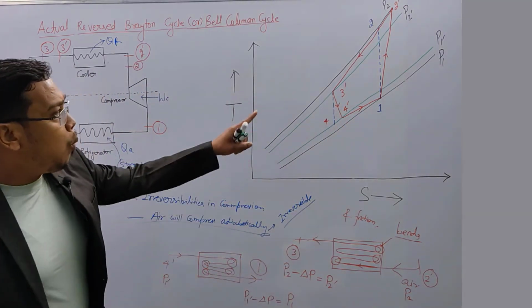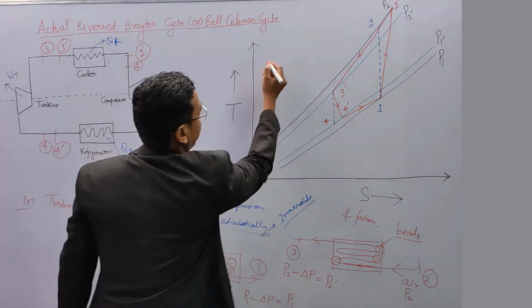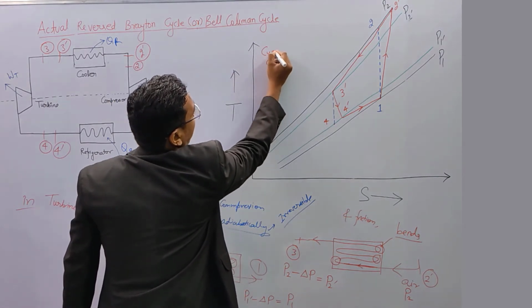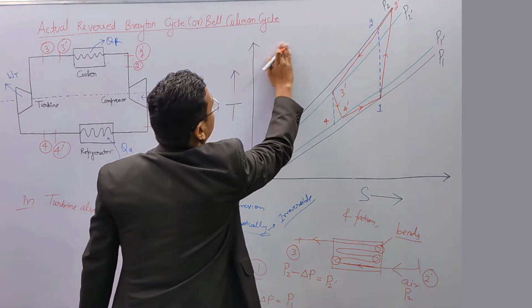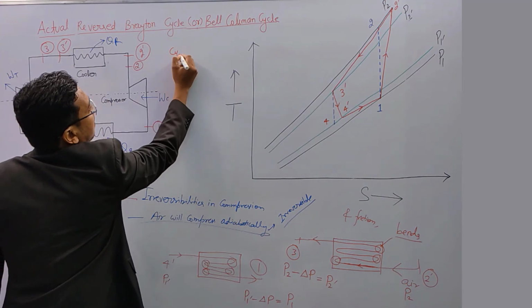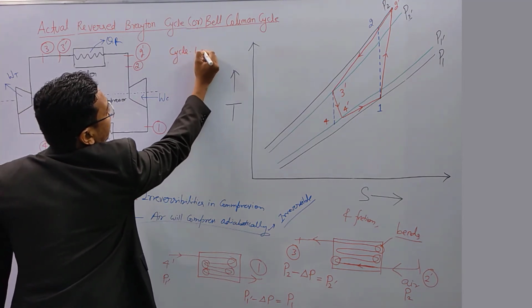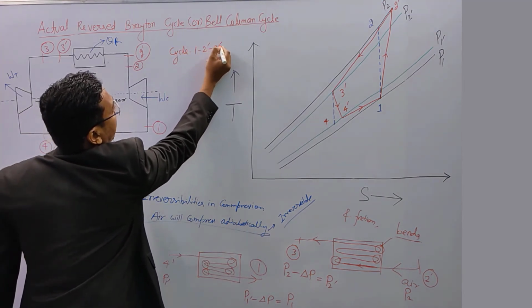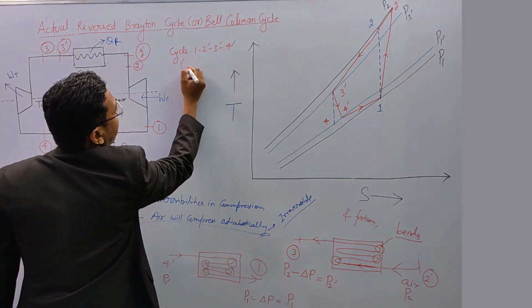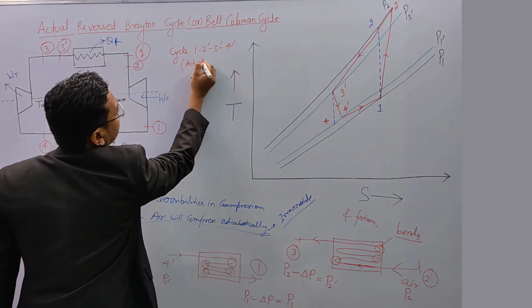So friends, the cycle 1, 2 dash, 3 dash, 4 dash, if I write here, cycle 1, 2 dash, 3 dash, 4 dash, this is the actual reverse Brayton cycle.